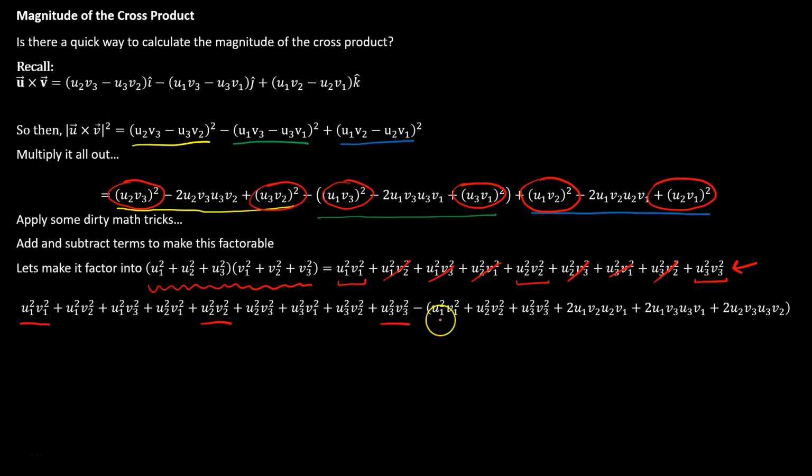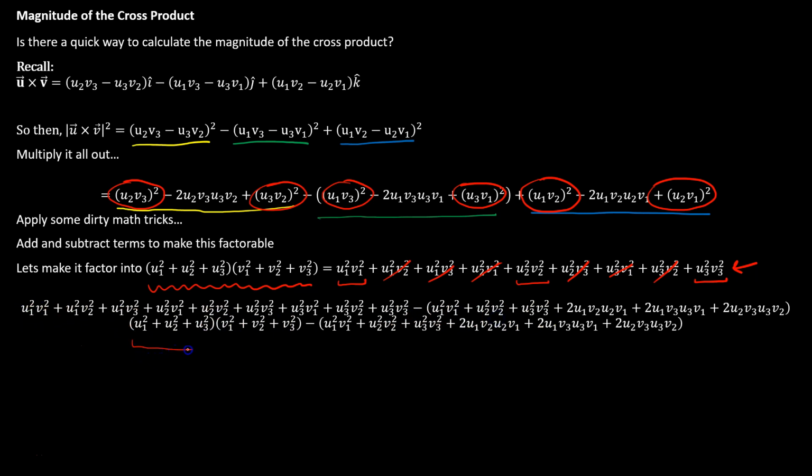But I've also subtracted those same terms over here. So the minus sign is outside the parentheses, meaning I'm subtracting each one of these 3. So it's like I didn't do anything to my equation because I added and subtracted the same term like it was never even there. That allows us to factor all of those terms in the front using the pattern that we identified. And then we have this stuff left over in the back.